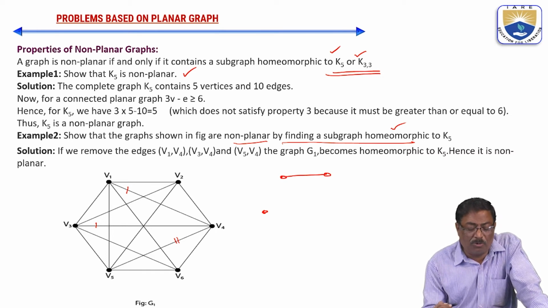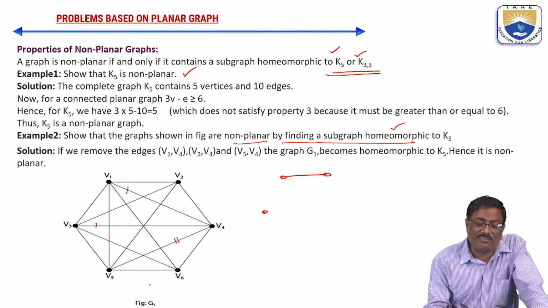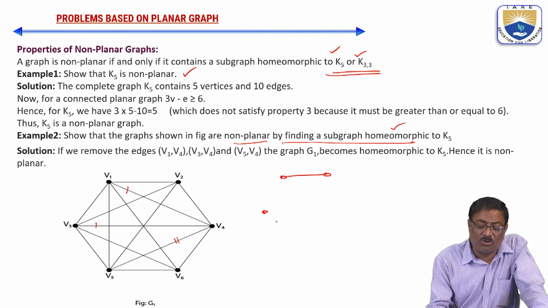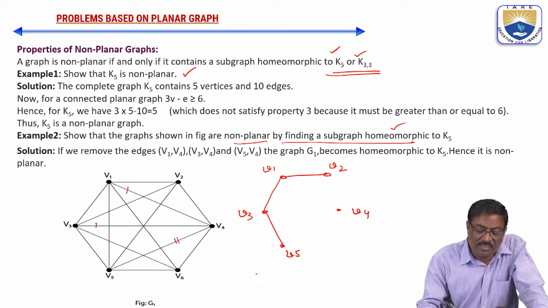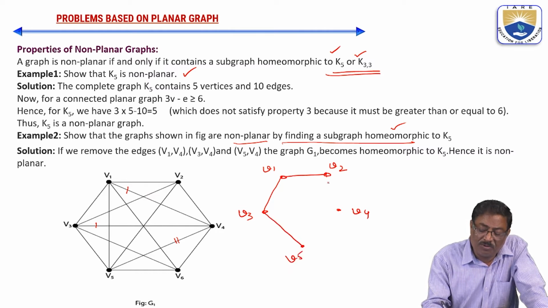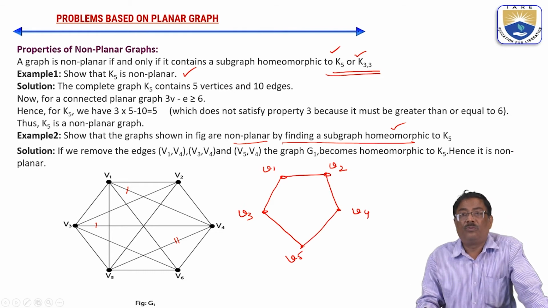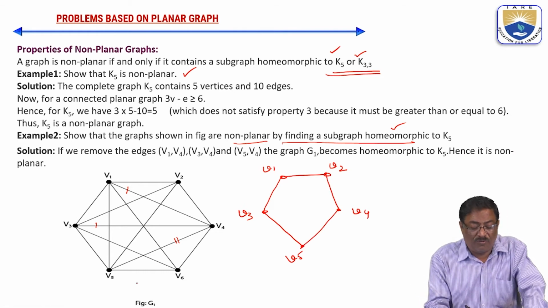If I remove one more vertex, V6, and all its adjacent edges, then we get a graph with 5 vertices, V1 to V5.